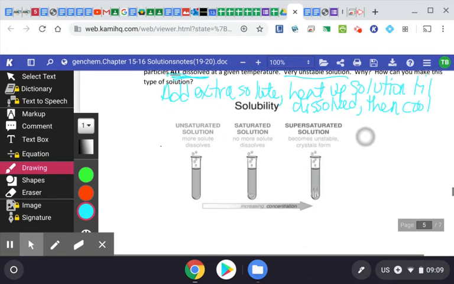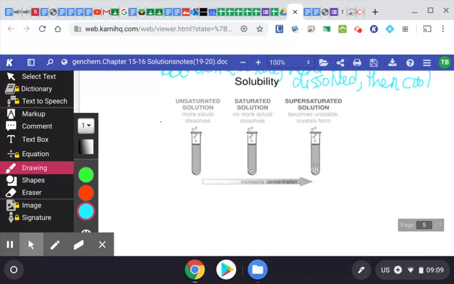So here's an image showing a supersaturated solution. Unsaturated, you can add more solute and it still dissolves. If it's saturated, you add solute and it goes to the bottom of the test tube there. If it's supersaturated to begin with, all the solute is dissolved.